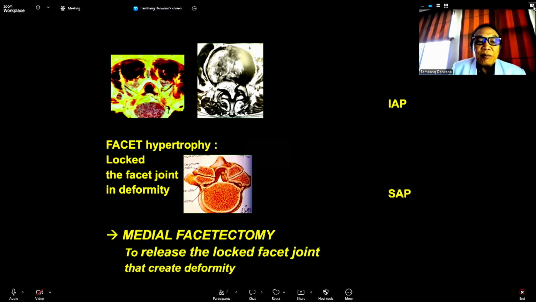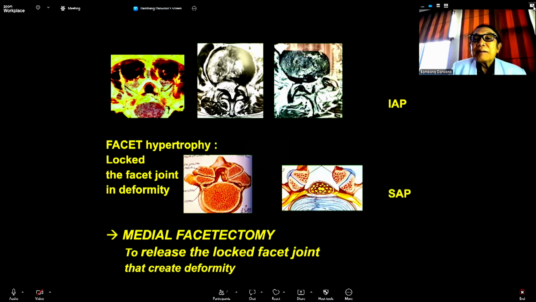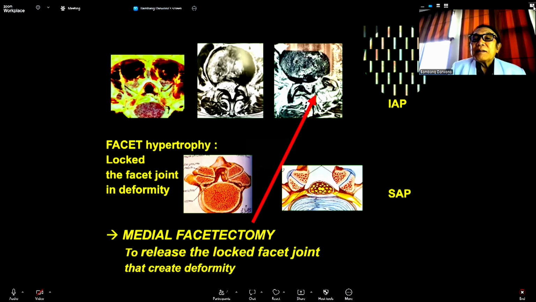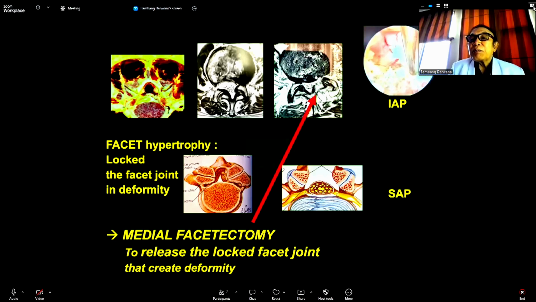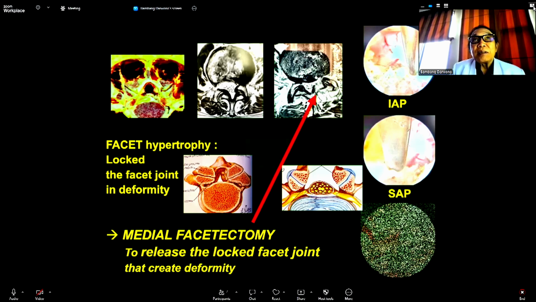Then we perform medial facetectomy to release the locked facet joint and that corrects the deformity like this. So this is the inferior articular process. We do medial facetectomy and also the superior articular process, and then we can see the lateral recess already well decompressed.